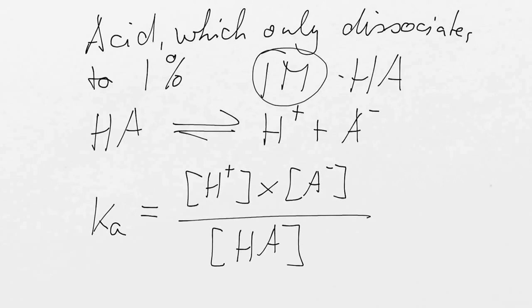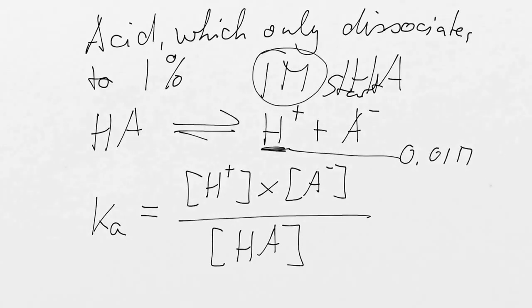That's the start. Only 1% dissociates. How much have we got of the protons in molar? Yes, we have 0.01 molar. How much of the A minus have we got? Aha, we have also 0.01 molar of the A minus.